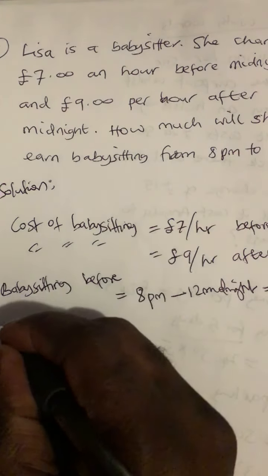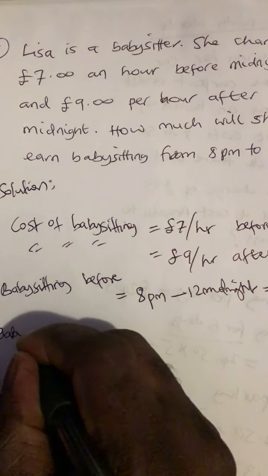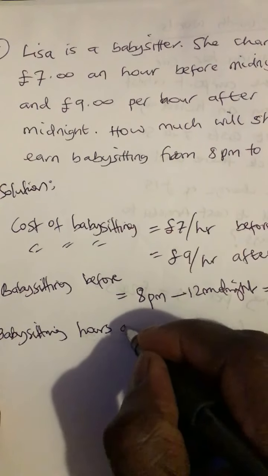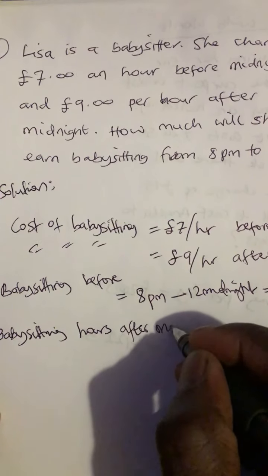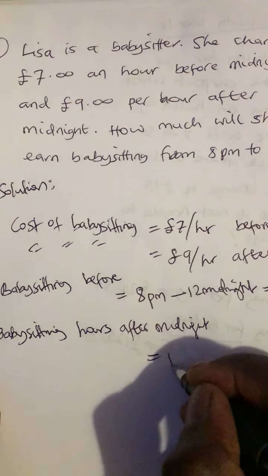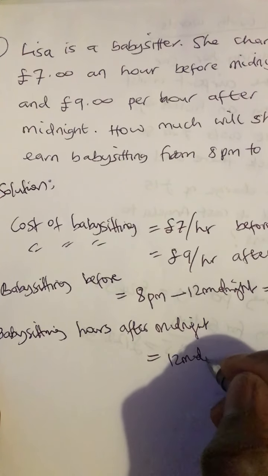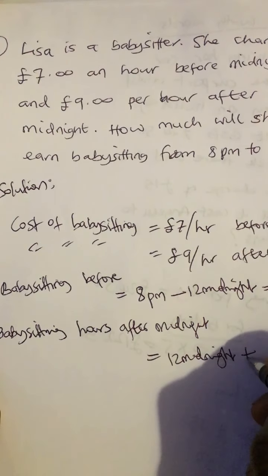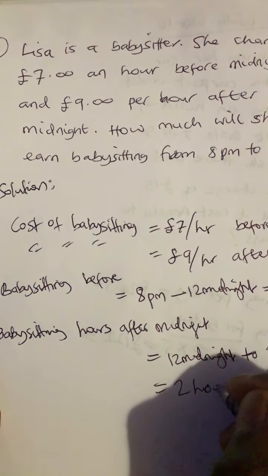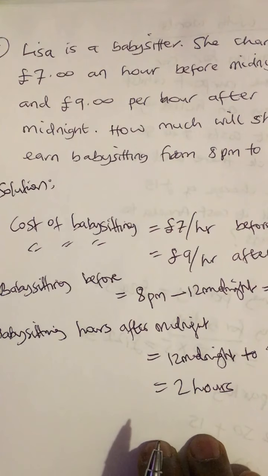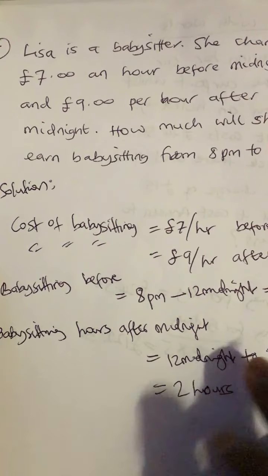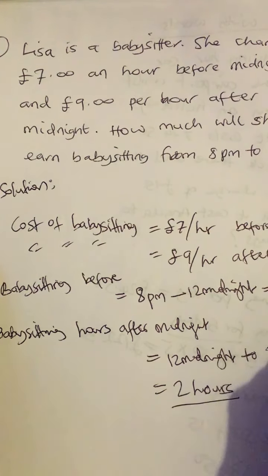So the babysitting hours after midnight, this will give us from 12 midnight to 2 a.m. This will give us 2 hours. So basically the total babysitting hours she did is 2 hours plus 4 hours, 6 hours.